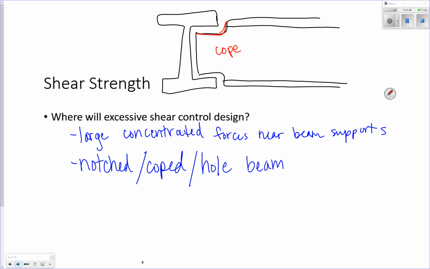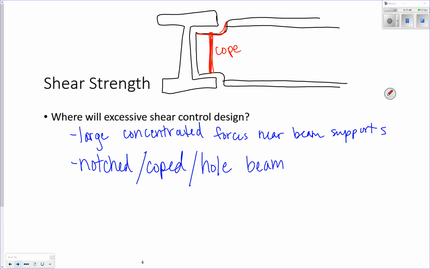And you see that reduces the cross-sectional area of my web, right? Which is what I'm designing based on.